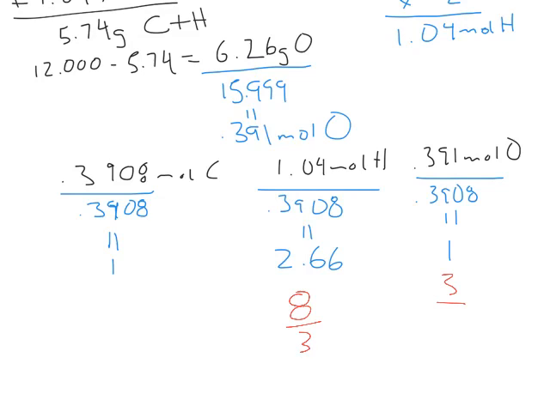And so this is 3/3 and 3/3. And now I can multiply those all out by 3. So my empirical formula is C3H8O3.